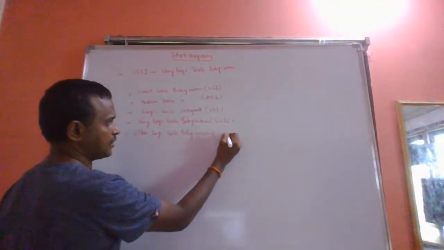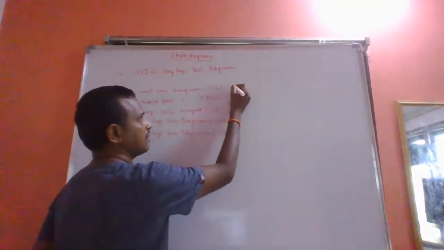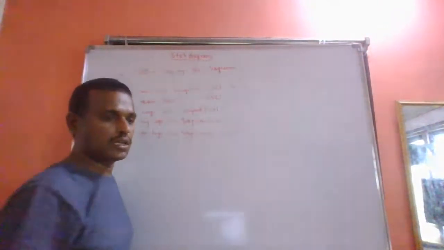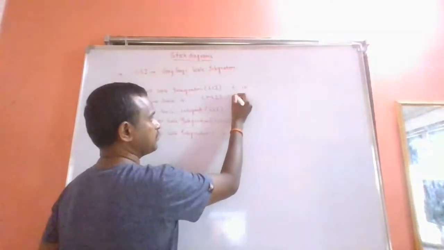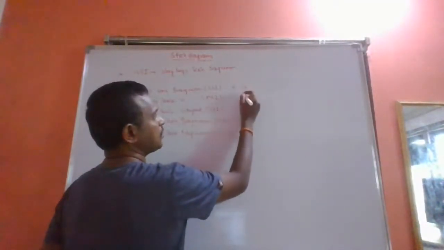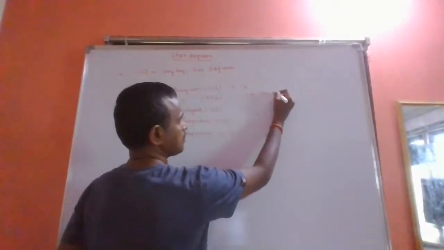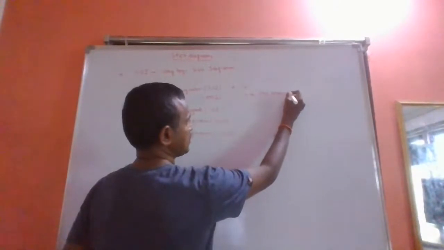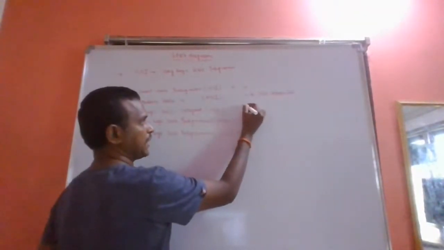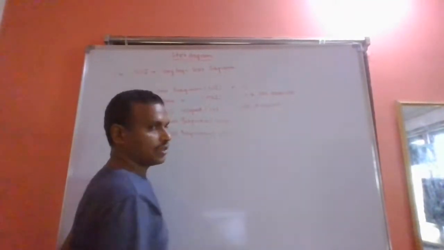That is ULSI. Here, less than 10 transistors will be placed on a silicon wafer in small scale, in medium scale we can place 10 to 500 transistors, and in large scale integration we can place 500 to 20,000 transistors on the silicon wafer.